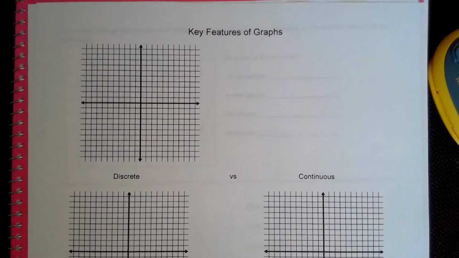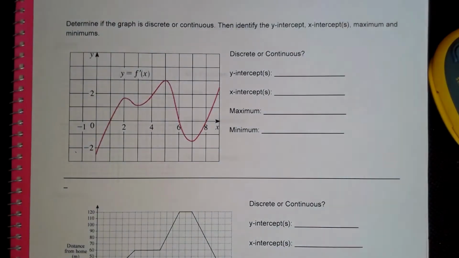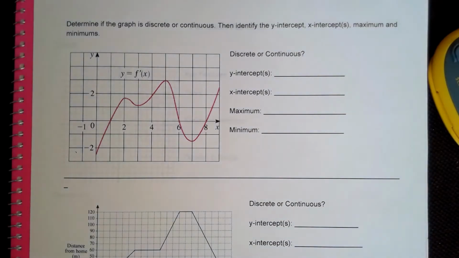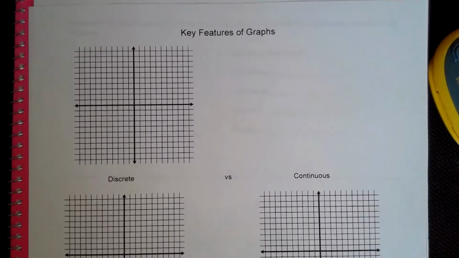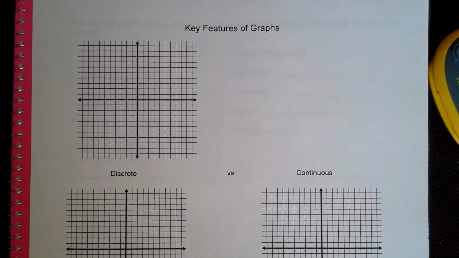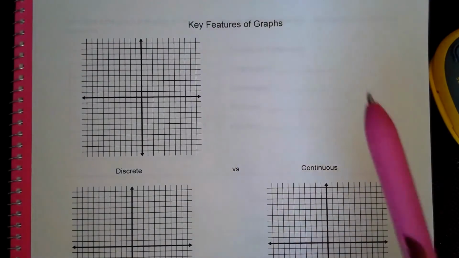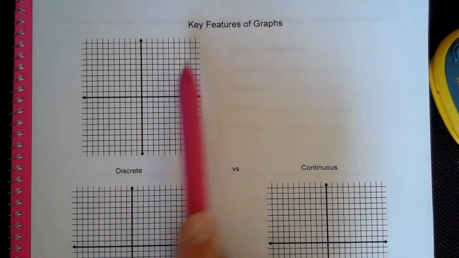And then on the back side, we're going to have these actual graphs, which should look familiar because we've used them before. We're going to use them again to continue defining some words and key features. So anyways, this is a coordinate plane, okay?